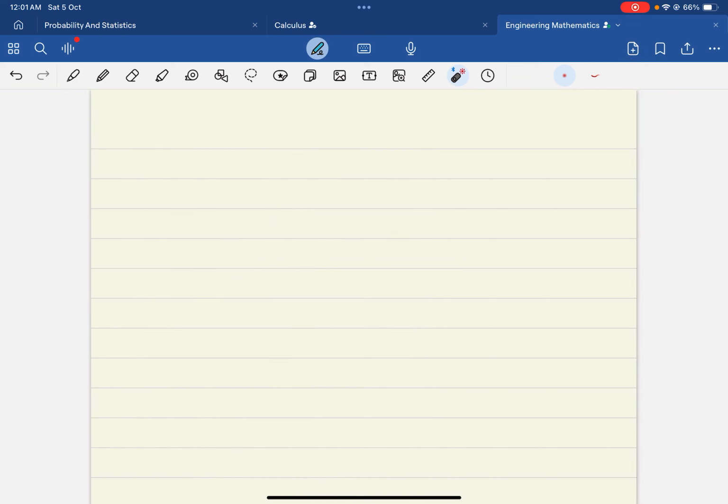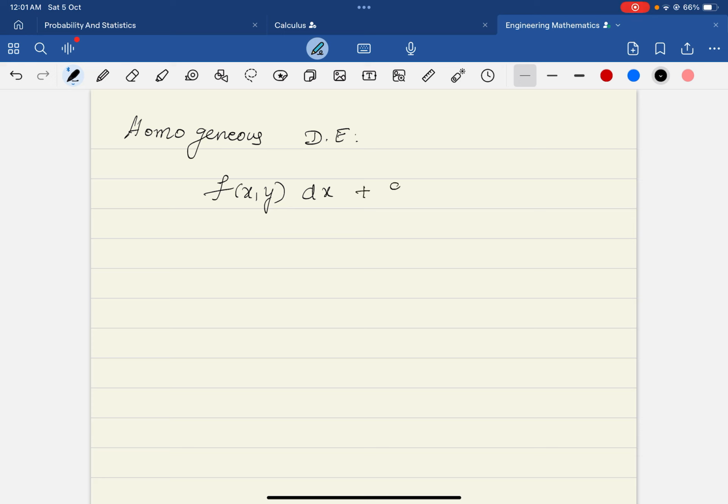Now let us identify how the homogeneous equation will look and then how to solve it. So now I am going to enter into the homogeneous differential equation. What is meant by a homogeneous differential equation? We write some f of x comma y dx plus some other function g of x comma y dy equal to 0.